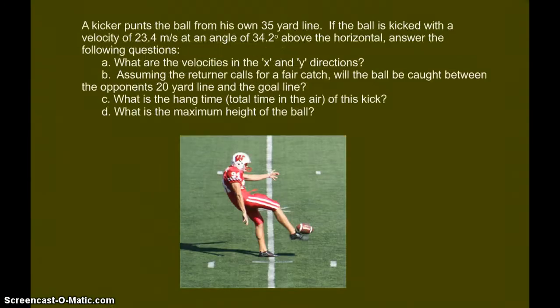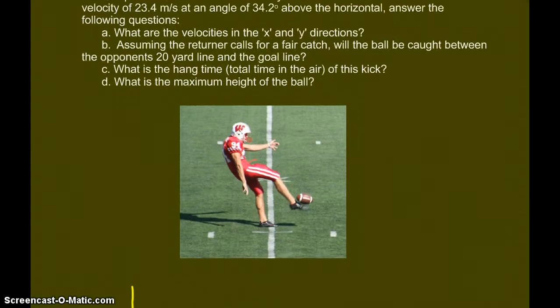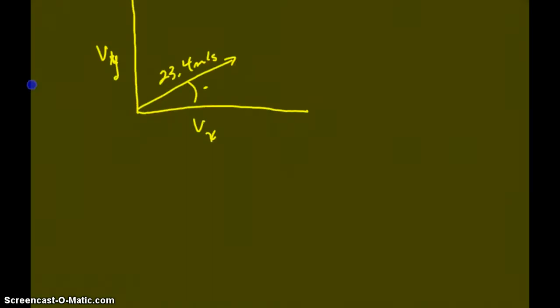We have obviously Vy and Vx. We have a kick, 23.4 meters per second. The angle is 34.2 degrees.